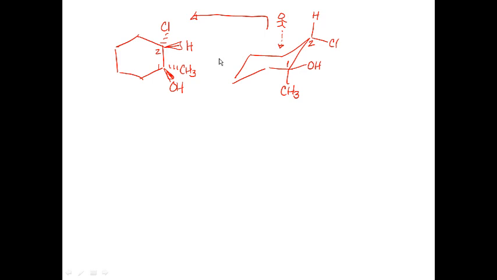Okay, if you want to test yourself, stop the tape here and determine the configuration for carbon 1 and carbon 2 of this cyclohexane. Okay, if you did that, let's see if you were right. So for carbon 2, I'm going to draw the exact orientation of the molecule. I've got hydrogen as always the 4th priority group.